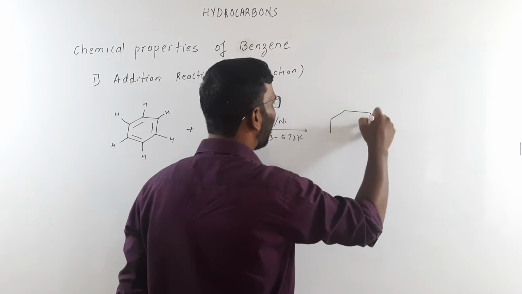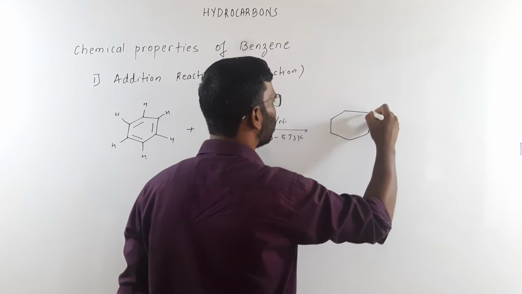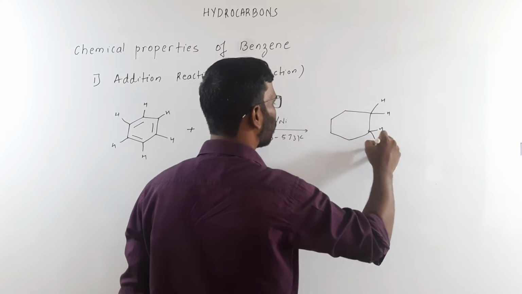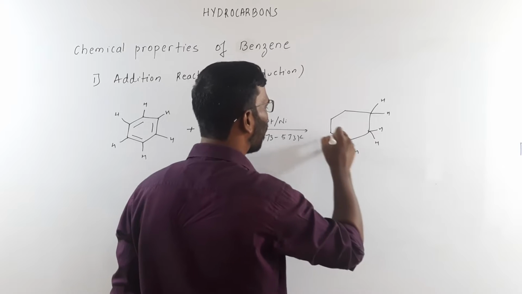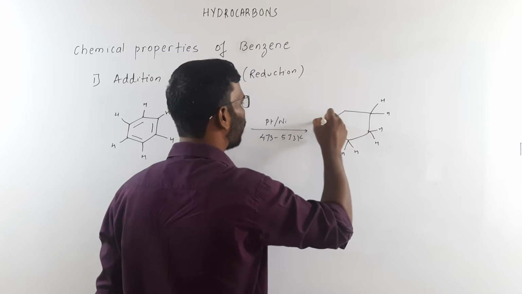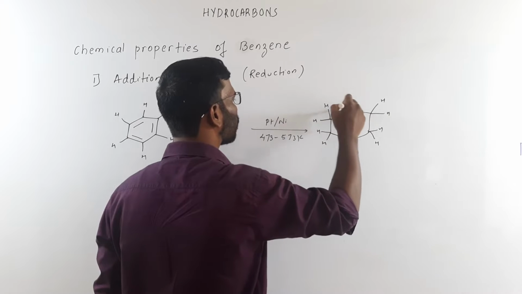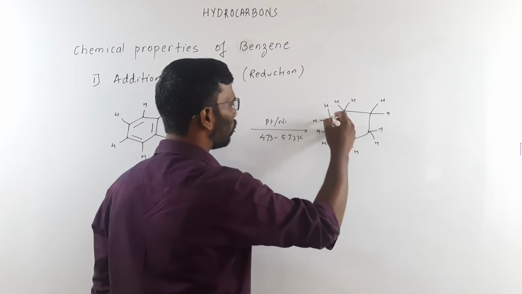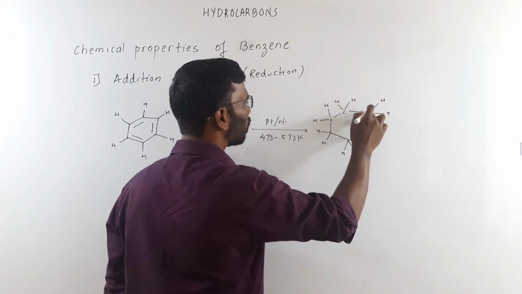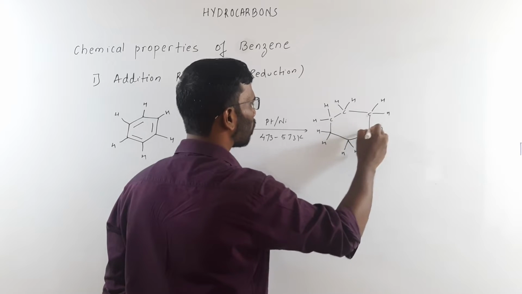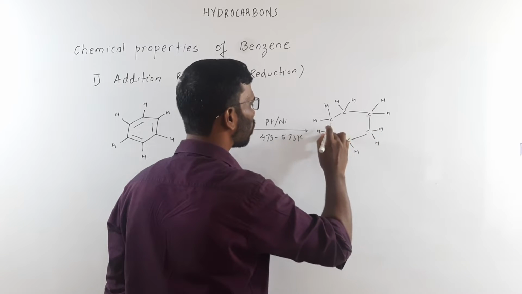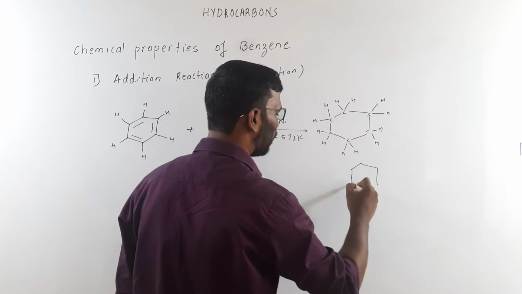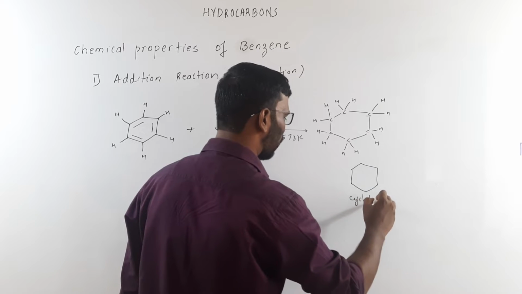What we are getting after this is this, these are the carbons, and on each carbon there is a hydrogen. In short, we show it in this form, cyclohexane. This is cyclohexane.